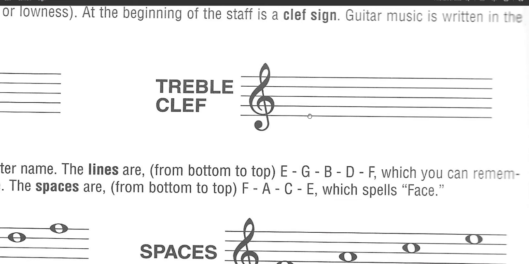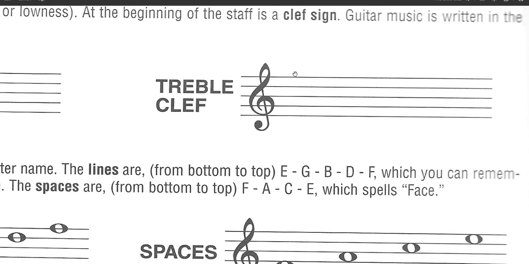So if we go from here and we just go line, space, it's alphabetical. It goes E, F, G, and then what comes after G in music is A again because the music alphabet only goes up to G. There's no H or I notes, so it's E, F, G, A, B, C, D, E, F, like that.